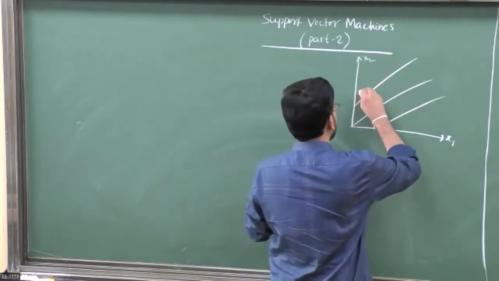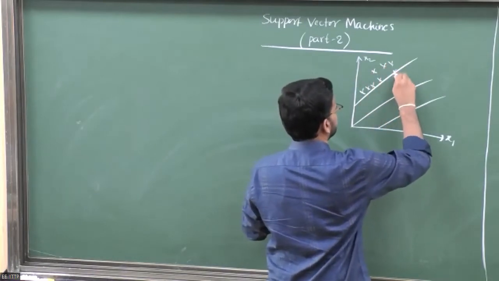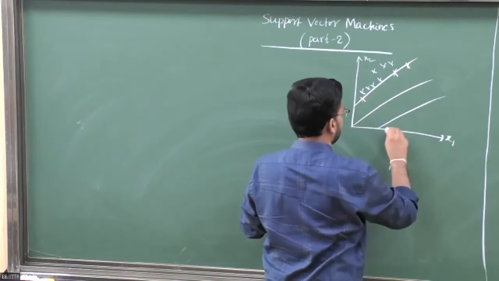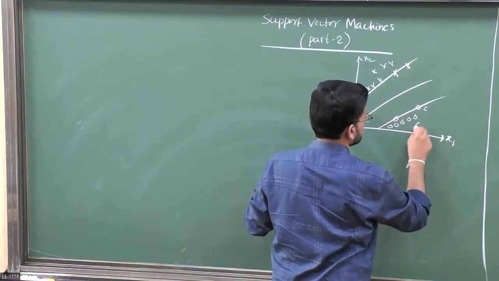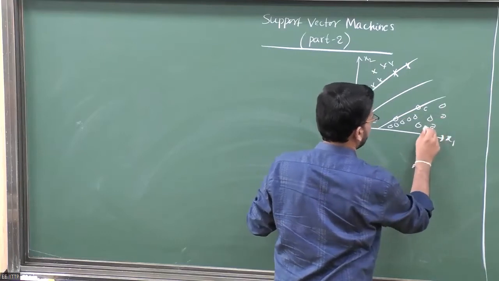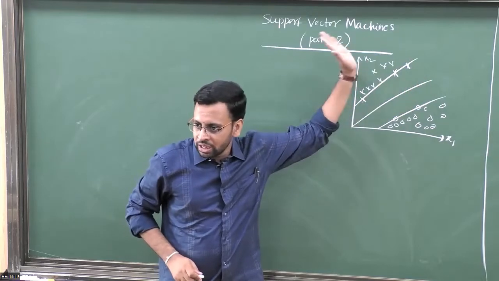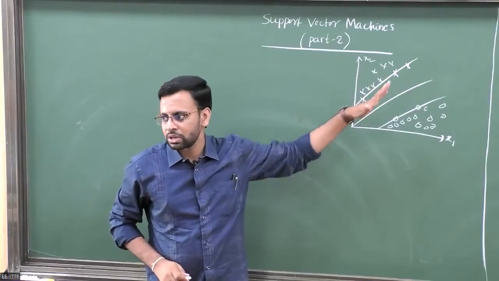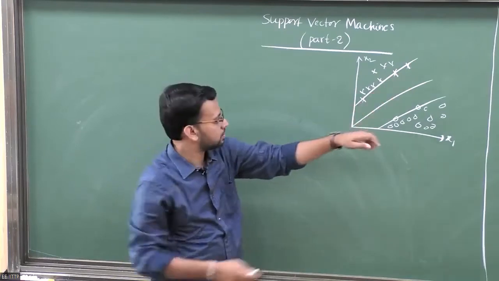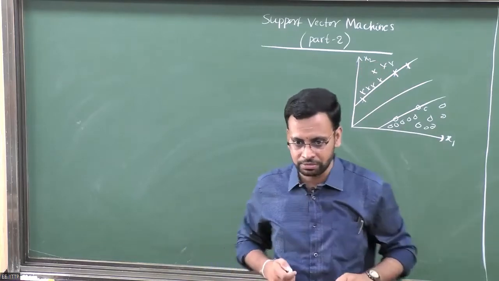Suppose I have some samples on this side and some samples here. On the other hand, there are infinite possibilities of these classifiers. Now come up with that classifier which has a maximal margin. That is the very basic idea of it.